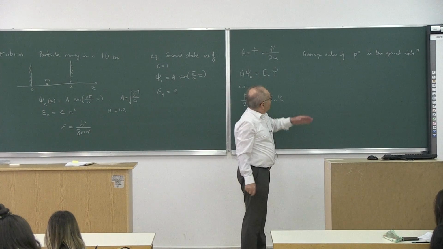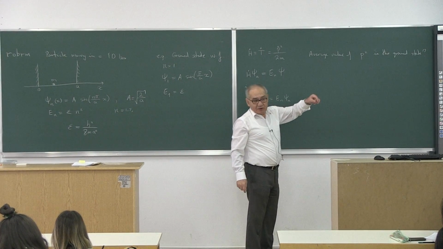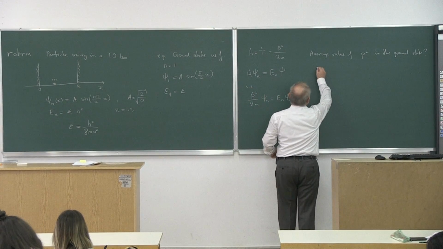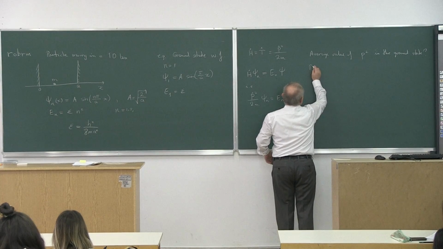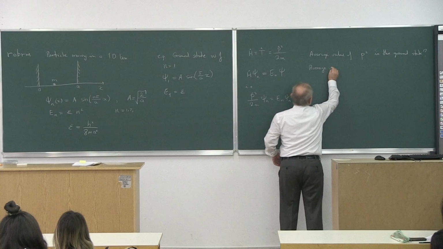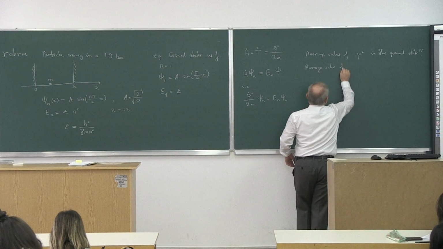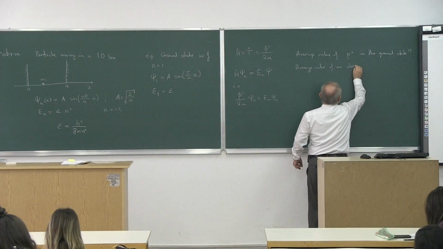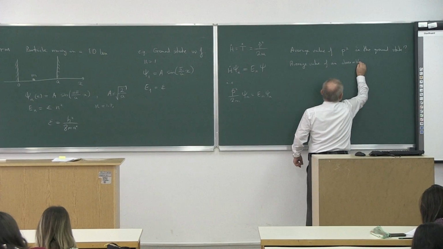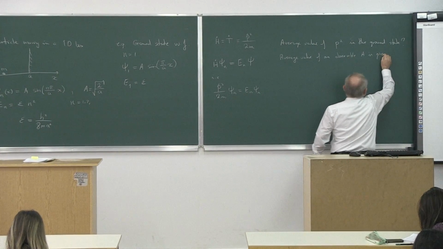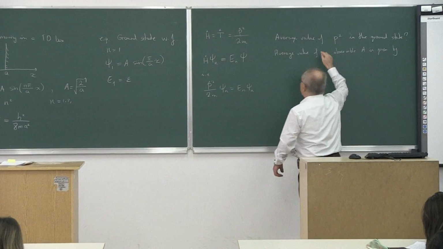Now, average value means expectation value, and the general expression is: the average value of an observable A is given by the general principle.